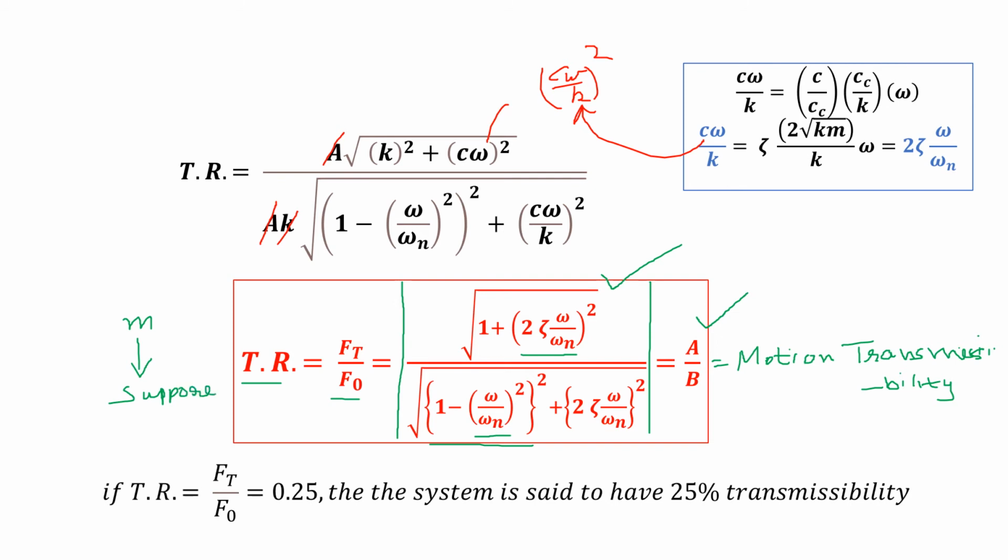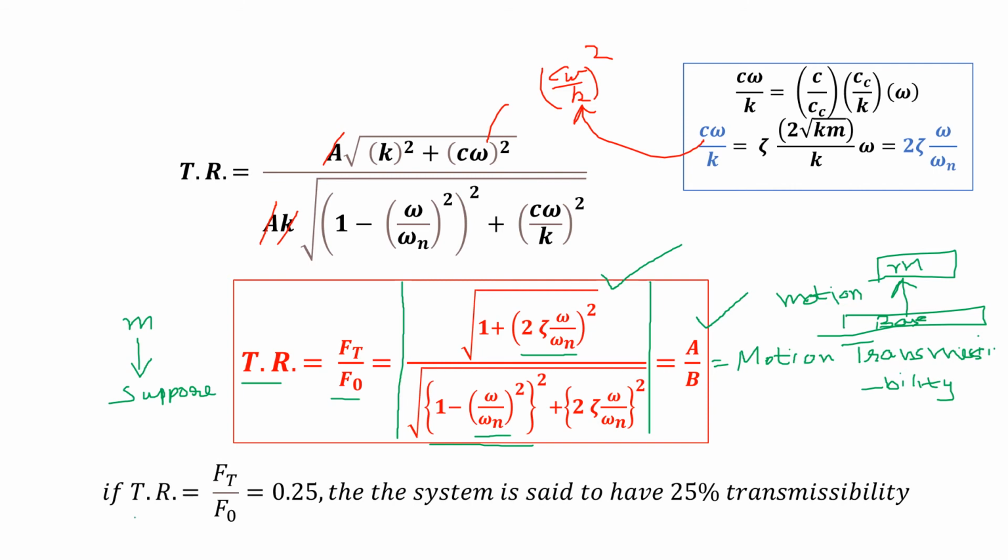But in the case of motion transmissibility, this is the base. From the base, we are transmitting the motion to the mass. So both the numericals, though they may appear different, can be solved like this.